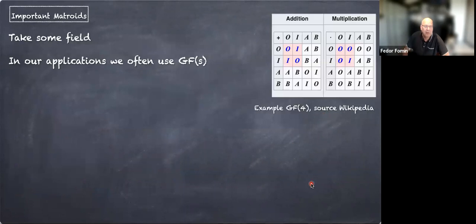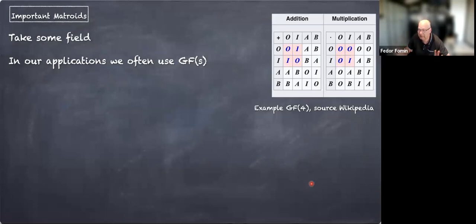Important matroids for us will be matroids which are representable over a finite field. If you listened to the first lecture of Madhu Sudan, he was saying what a finite field is. If you're not familiar with it, just think about a finite field as the field of integers modulo some prime number.